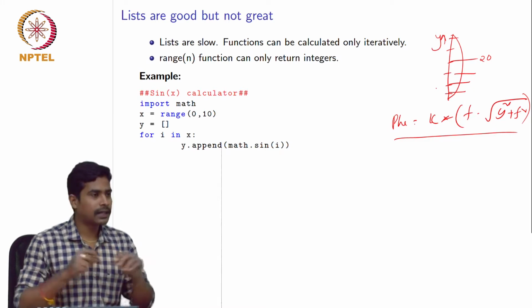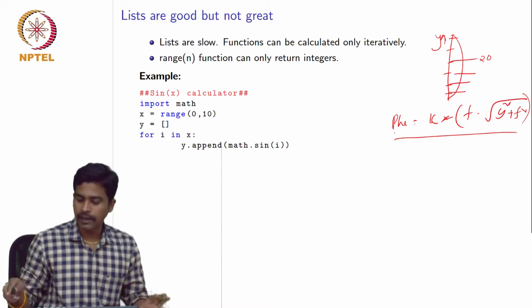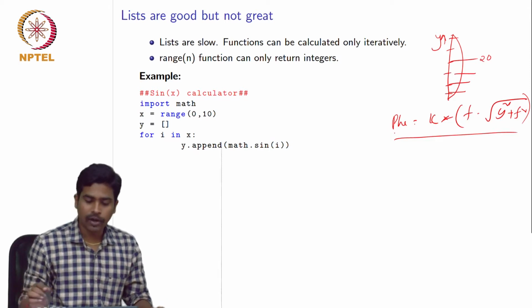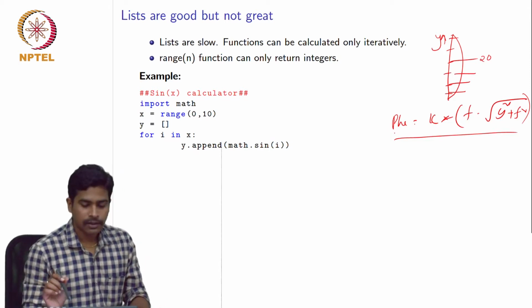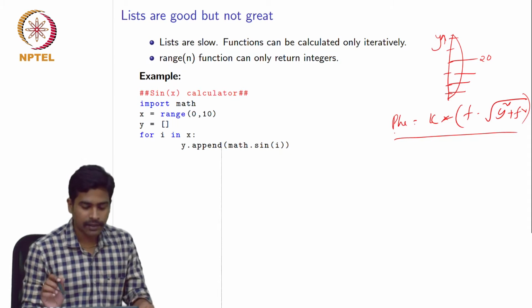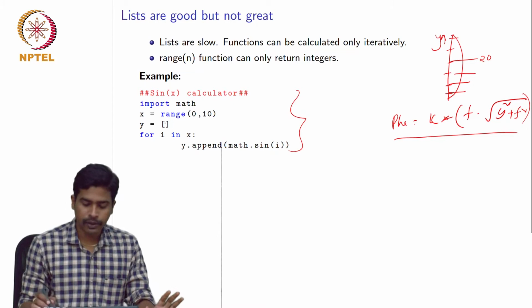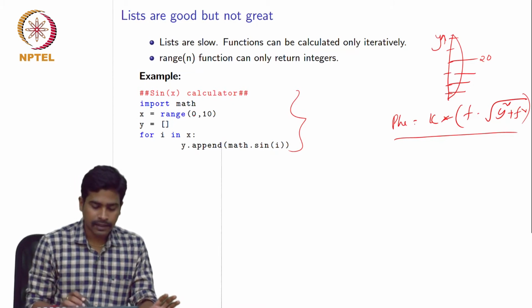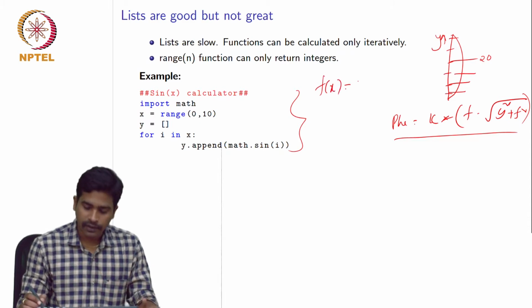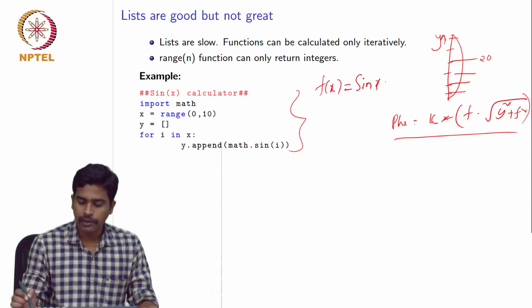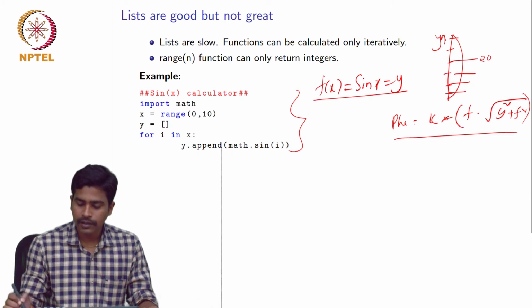So in order to calculate this equation in one go, there is something called NumPy in Python. I'll just show you a brief example here. In the previous case, if you want to calculate, for example, a function f of x equals sin x, this is y.